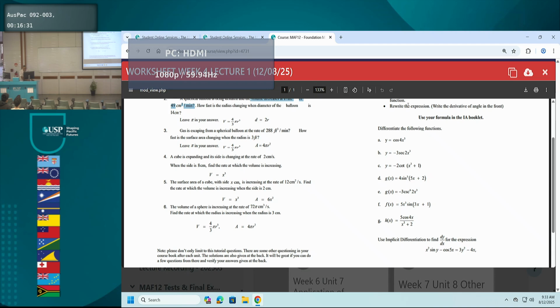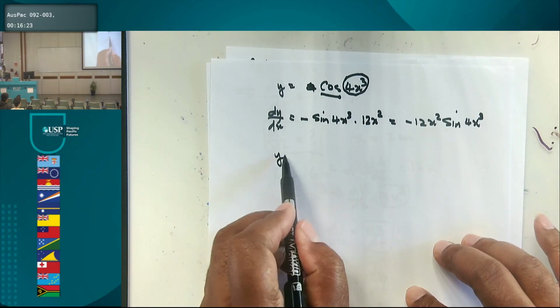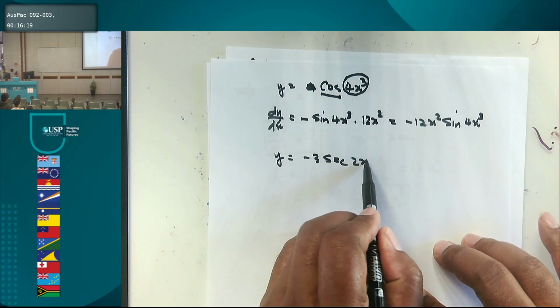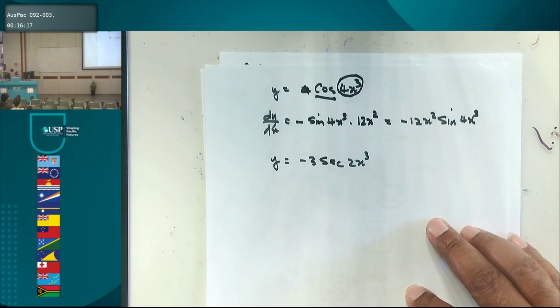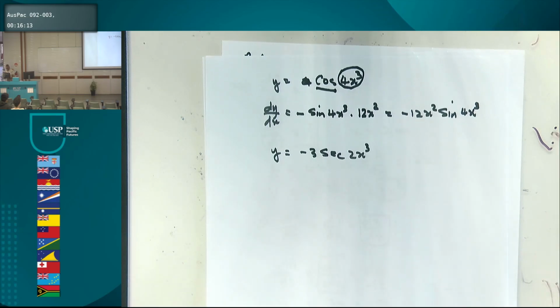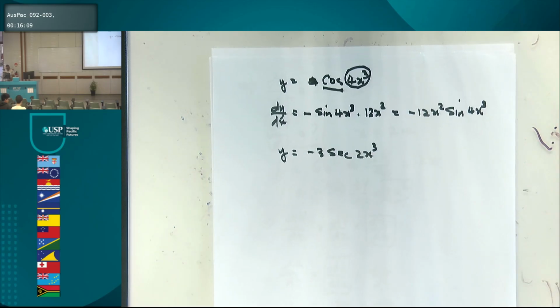Move on to the next one. B: y equals negative 3 sec of 2x cubed, okay? Yep. What differentiation technique shall we use?